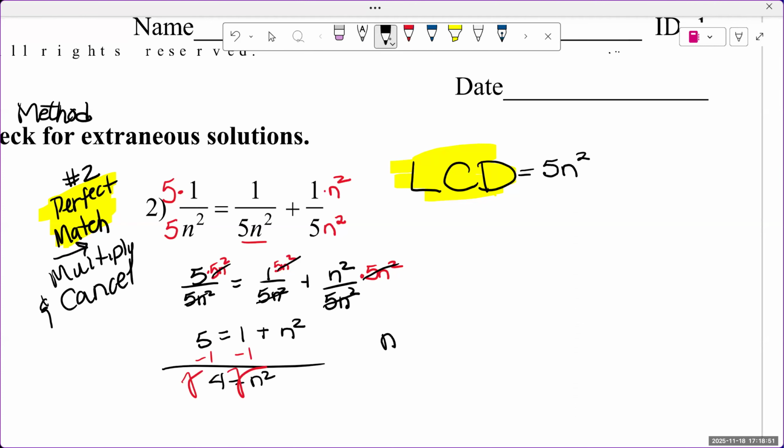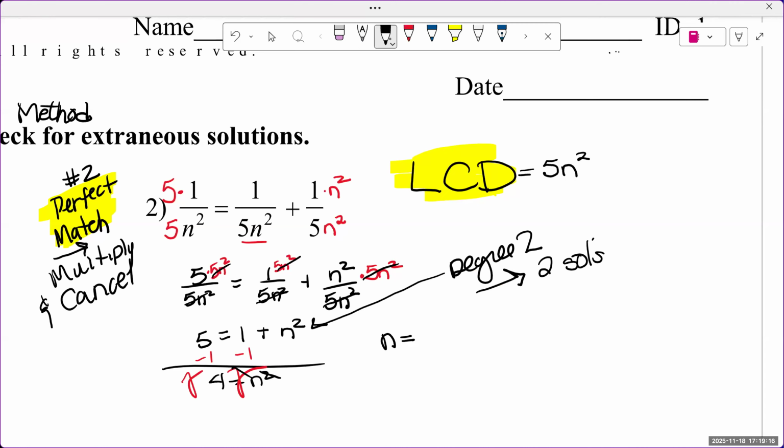So n is equal to, now whenever you take the square root of n squared, this is degree 2. So this is telling us I'm looking for how many solutions? 2 solutions. Okay, so what are my 2 solutions? Square root cancels the squared.